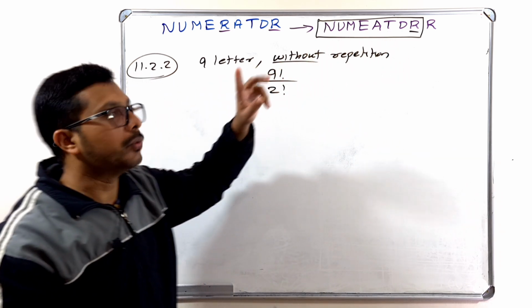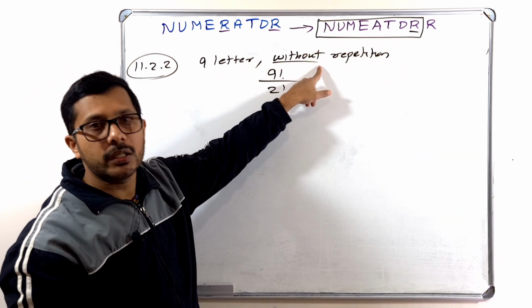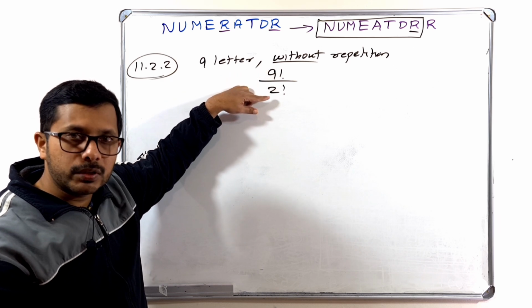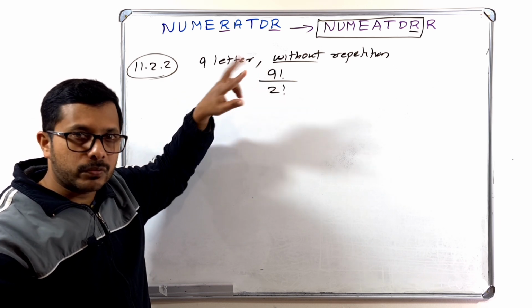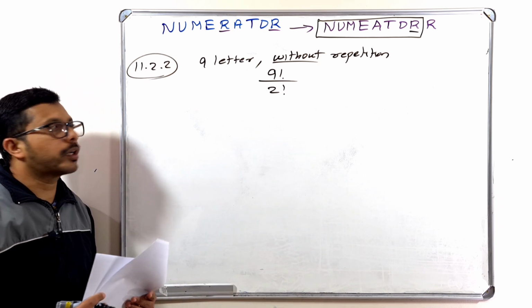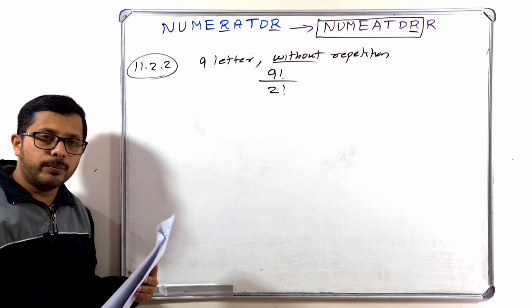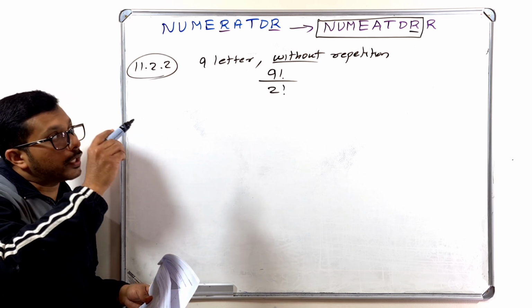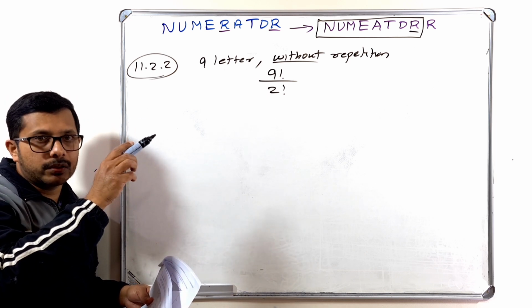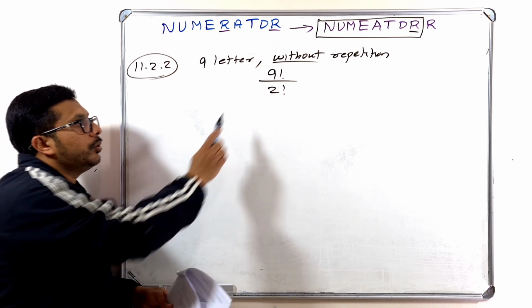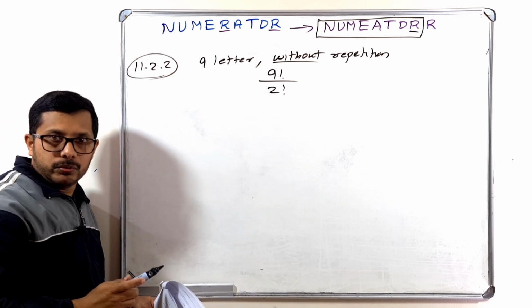Since it is without repetition, with total 9 letters, you divide by 2 factorial because of those 2 R's. To avoid the repetition, you have to divide by 2 factorial.